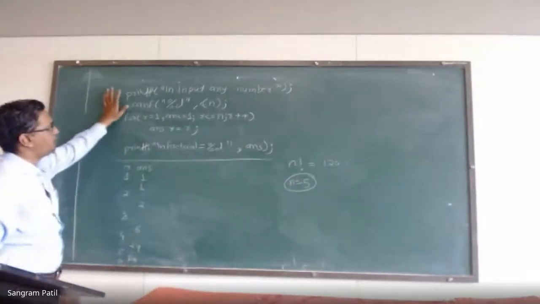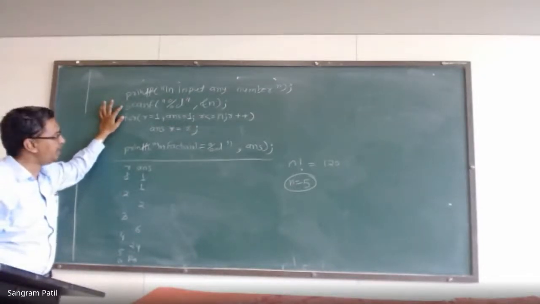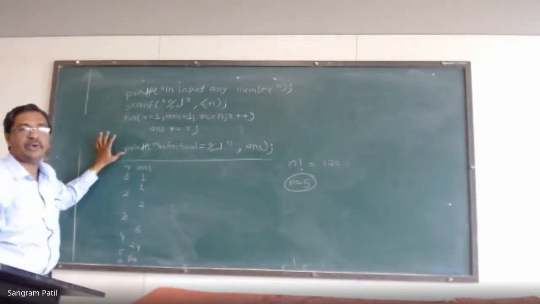So this program gives you: input any number, scanf percentage d ampersand n, read the value of n, and then this gives you n factorial and it displays n factorial.